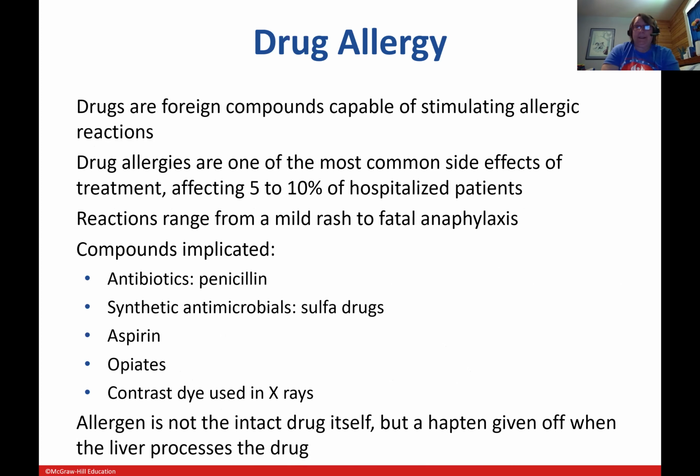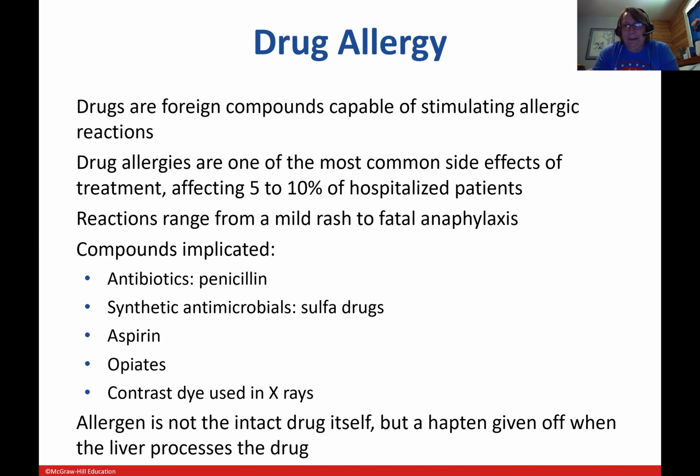Okay, drug allergies. So a lot of penicillin compounds are really allergenic to certain people who are particularly sensitive to that. So it's actually one of the most common side effects of treatment, and 5 to 10% of hospitalized patients can react badly to some kind of a drug. And it can be anything between a rash and anaphylaxis, depending on how sensitive they are.